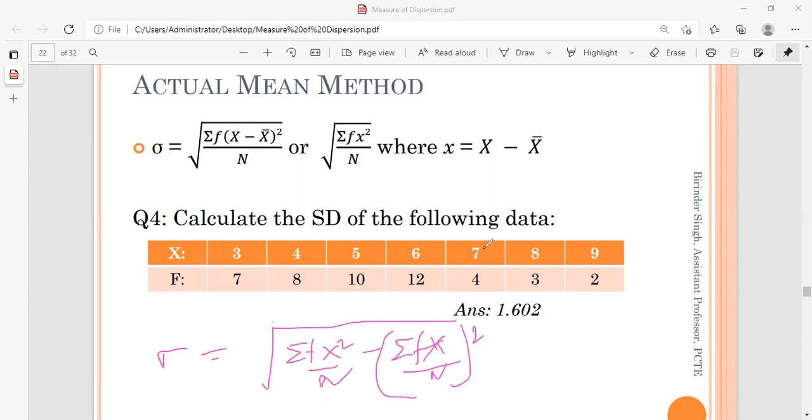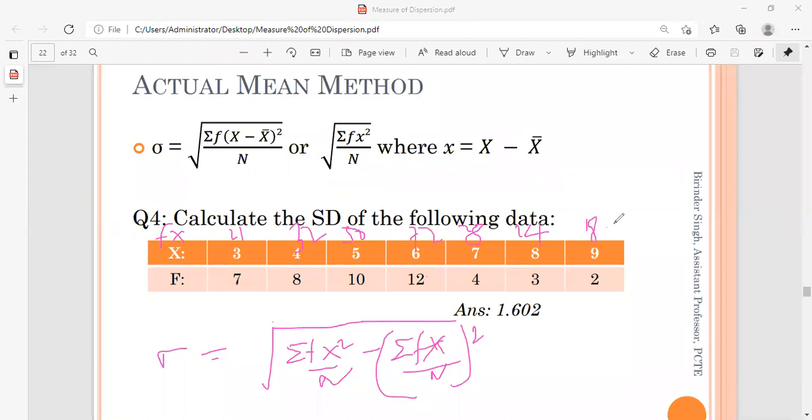So here, you have to compute first fx. Let's say I want to put fx here: 7 times 3, 21; 7 times 3, 21; 8 times 4, 32; 5 times 10, 50; 12 times 6, 72; 4 times 7, 28; 8 times 3, 24; 2 times 18.